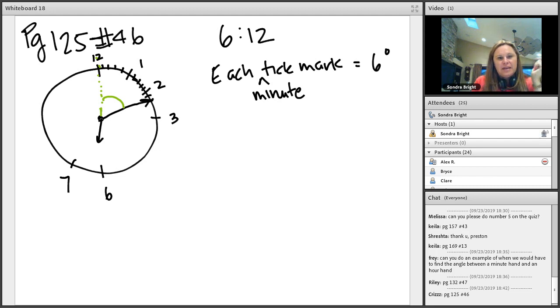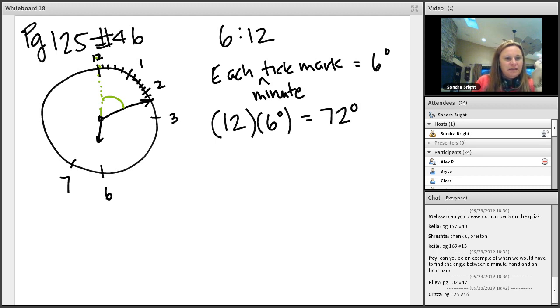And so it has gone 12 minutes times 6 degrees, so this is 72 degrees in here. So the minute hand, from being pointed right at the 12 until pointed at the 12-minute mark, has gone 72 degrees. Now what we need to do is figure out how far the hour hand has moved.